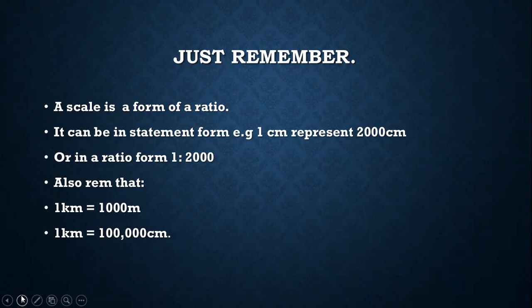For example, you can say 1 centimeter represents 2,000 centimeters, or even 1 centimeter represents 1 kilometer on a map. It means that 1 centimeter on a piece of paper represents 1 kilometer on the ground.